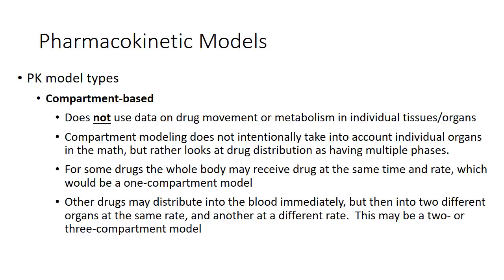So it doesn't have to be an individual organ. A compartment could be a cluster of tissues and organs that happen to have the same rate of distribution. That's why there's one compartment models, two compartment, three compartment. Usually we don't have to go beyond two compartments to get a good pharmacokinetic model for a drug.